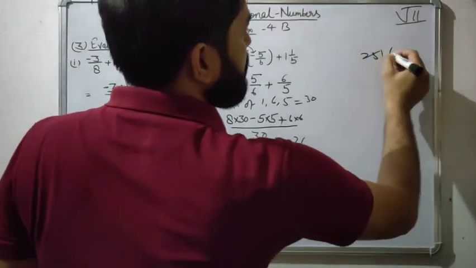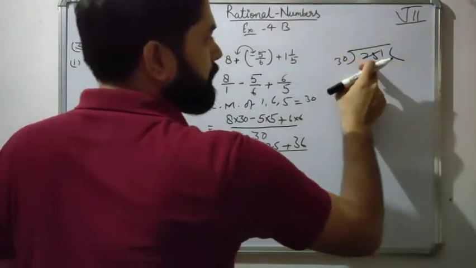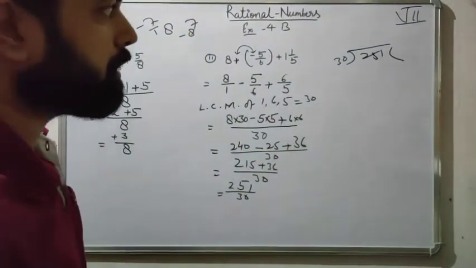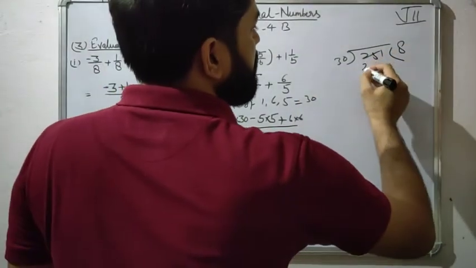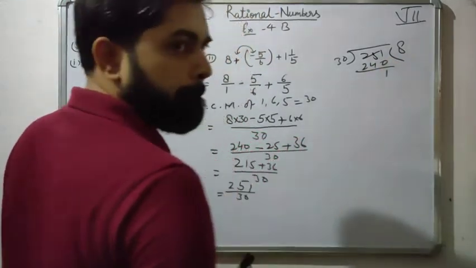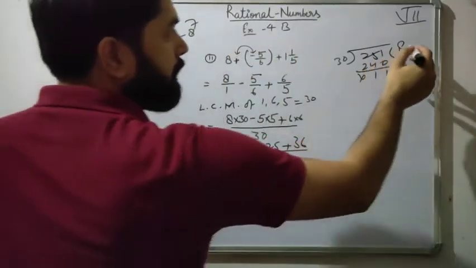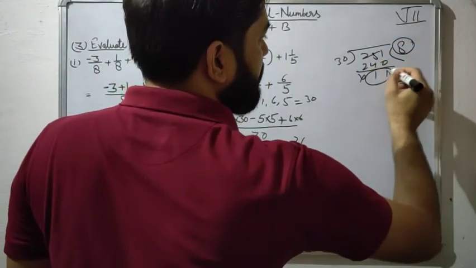So 251 divide by 30. 8 3s are 24, so 241, minus, and then we get 8 and remainder 11.